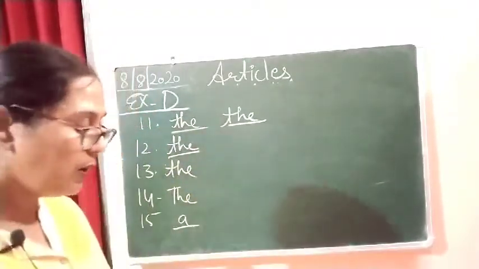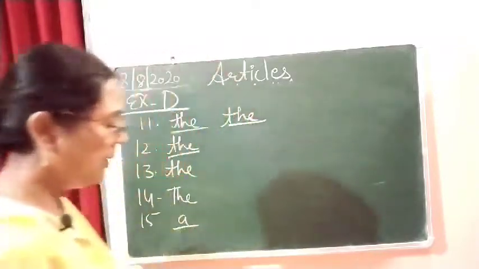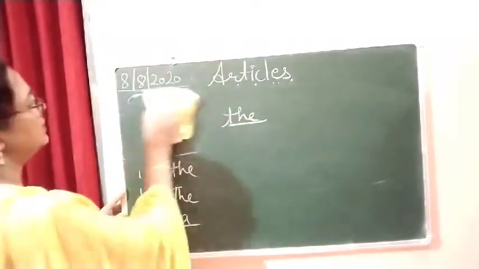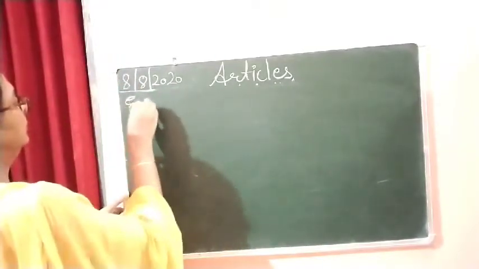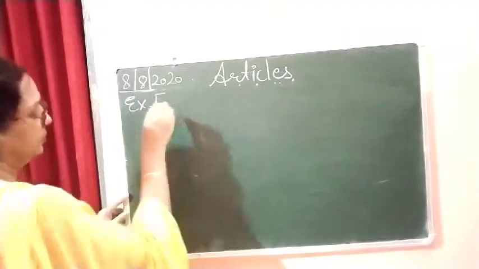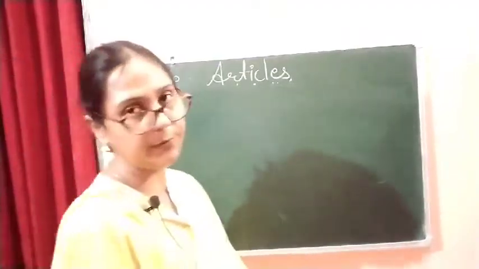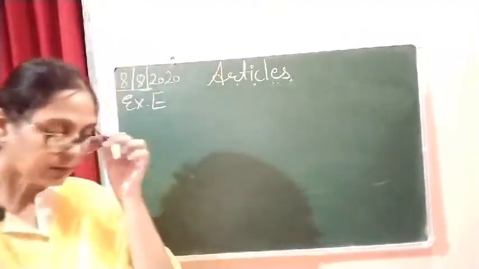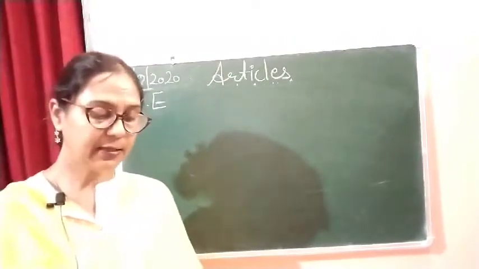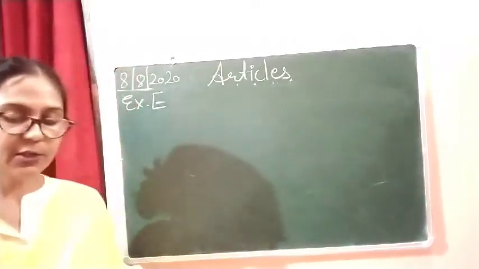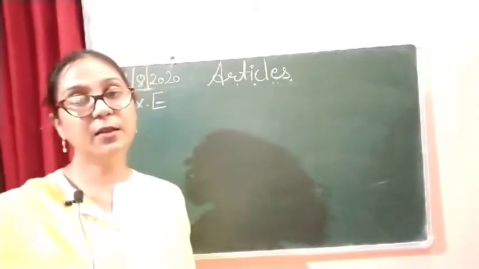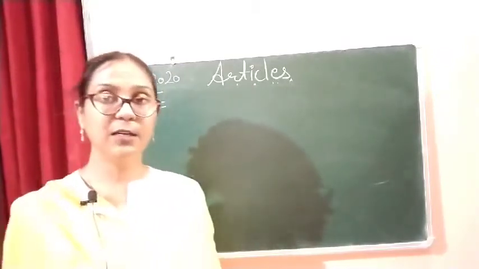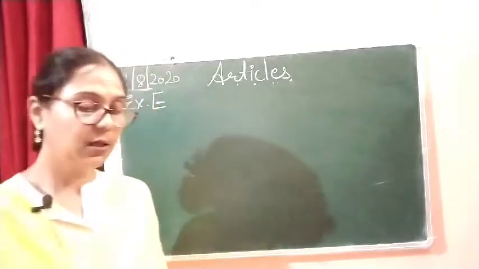Now we are moving to exercise number E, same page, page number 45. Fill in the blanks with appropriate article wherever required. So wherever the article is required, we are supposed to write.